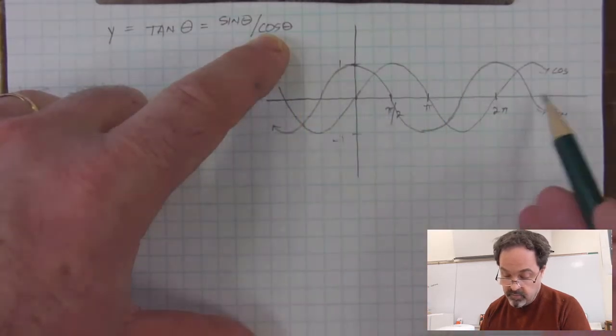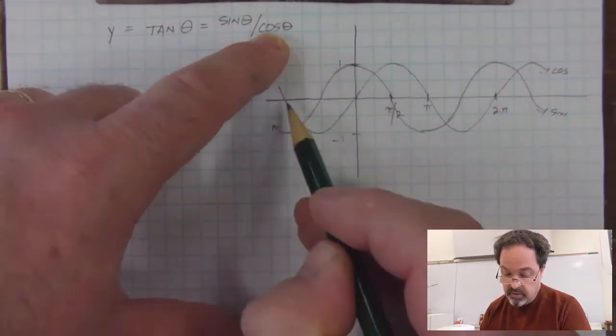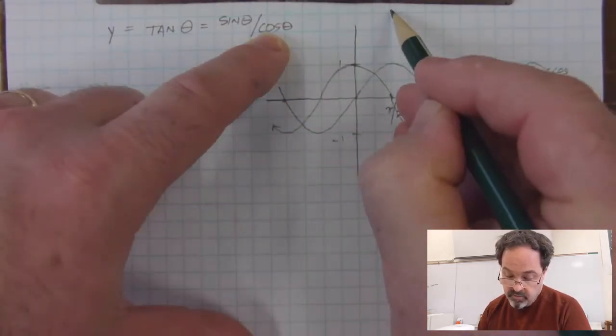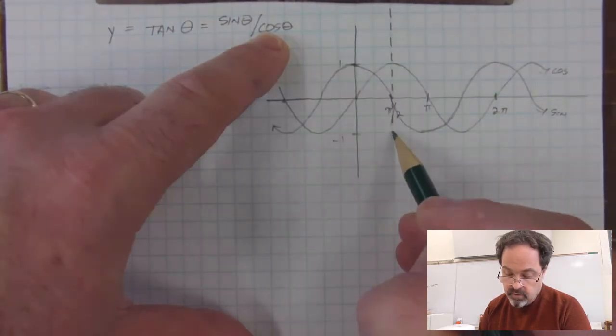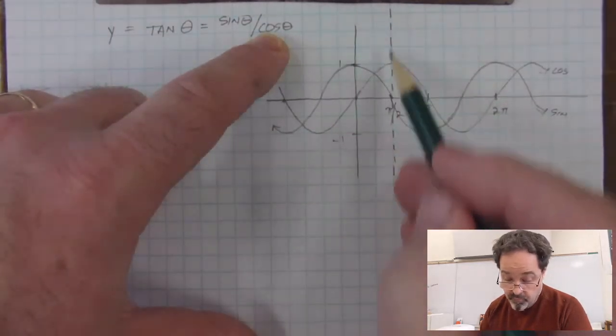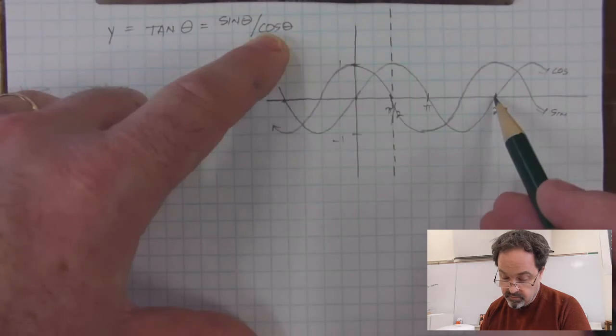So cosine can be observed to be 0 here and here and here. When cosine is 0, tangent will have a vertical asymptote because we can't divide by 0. So I'm going to put vertical dotted lines where cosine is 0.